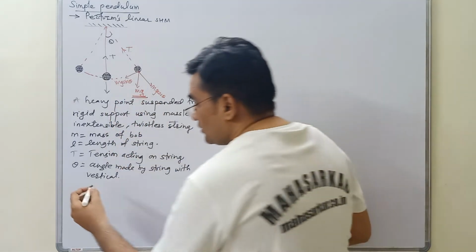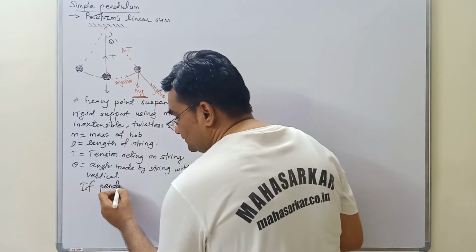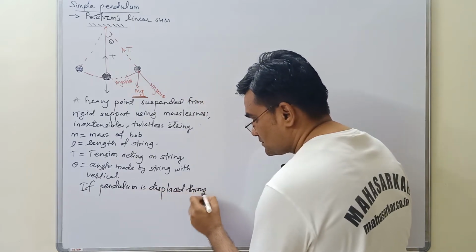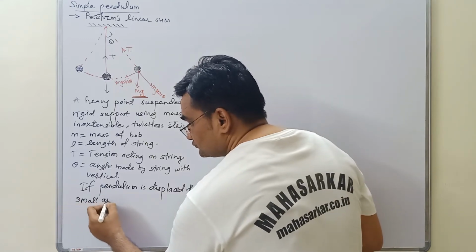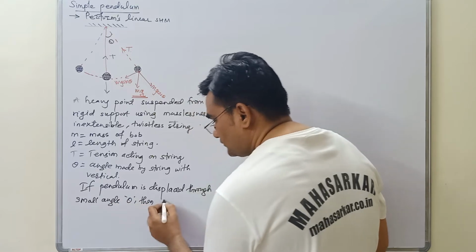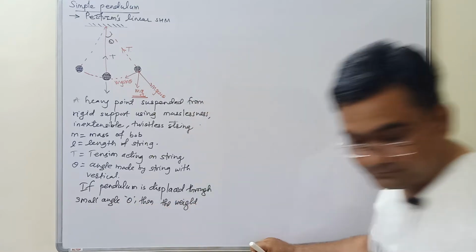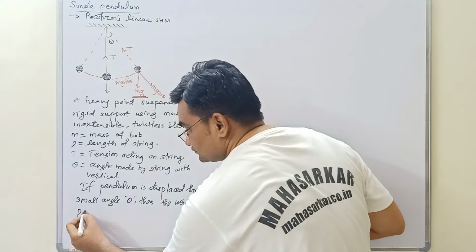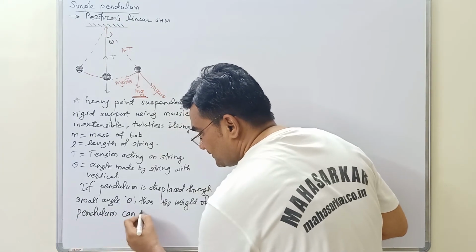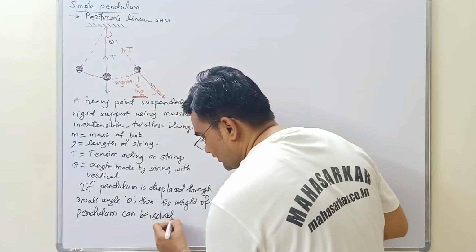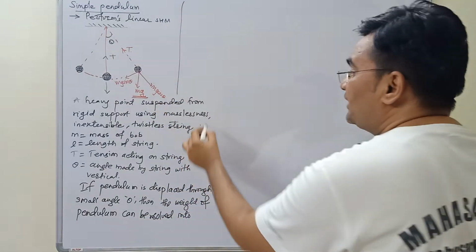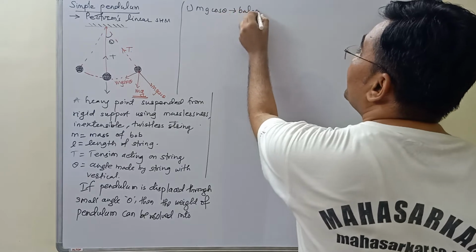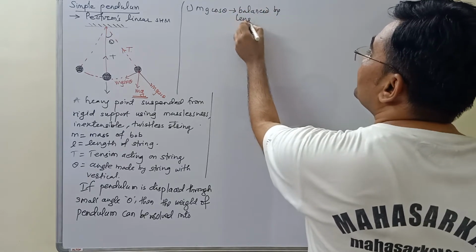So if pendulum is displaced through small angle theta, then the weight of pendulum can be resolved into first part, that is say mg cos theta, which is going to be balanced by tension in the string.